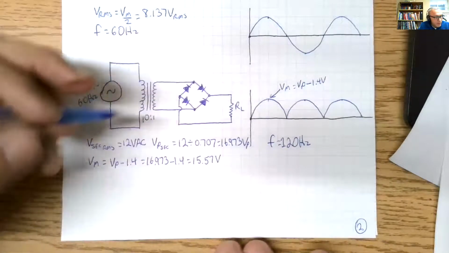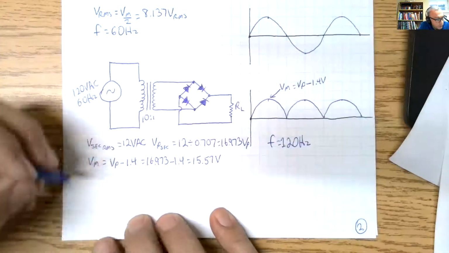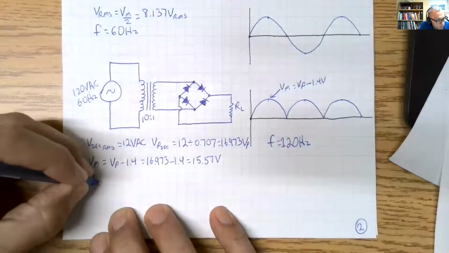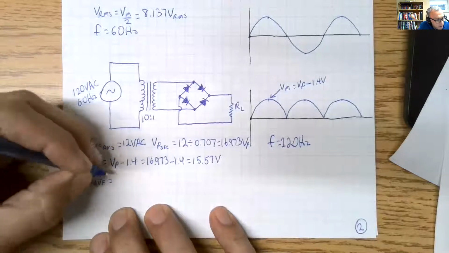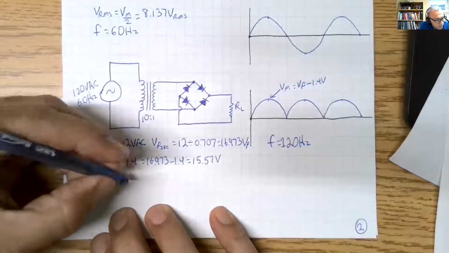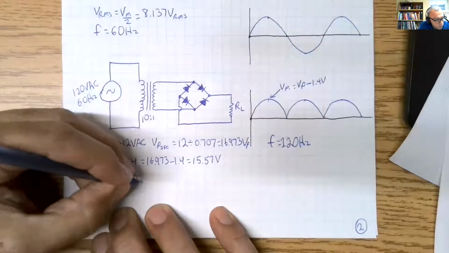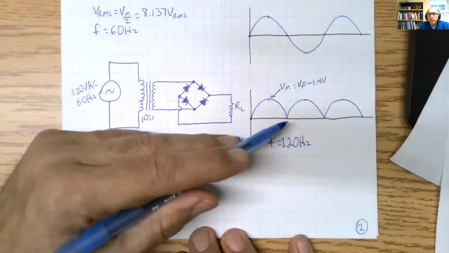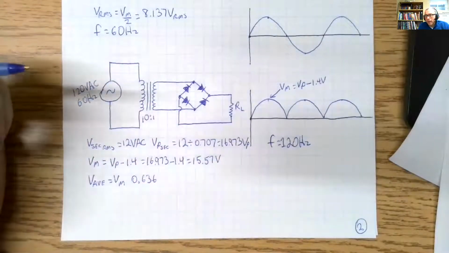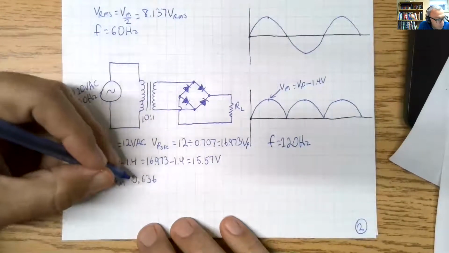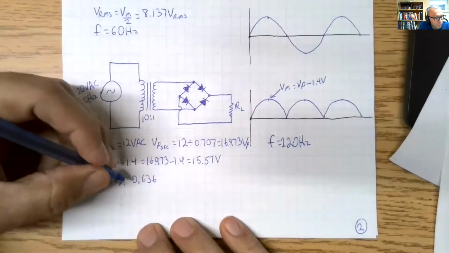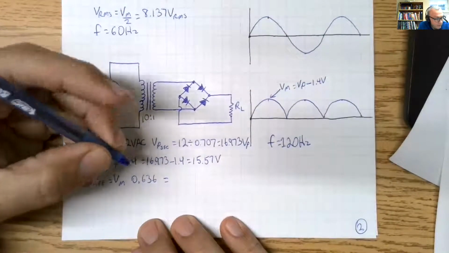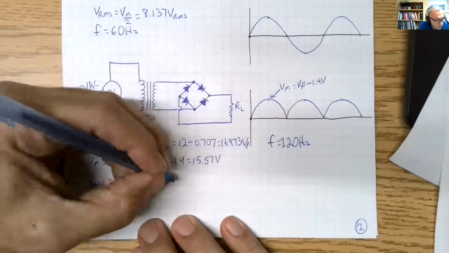Okay? The average, or the DC value of this, so you'll see the immediate benefit of going to a full wave rectified signal, is V max times 0.636. Because it has double the average space as a half-wave rectified signal, we multiply times 0.636. And that gives us, in this case, 9.04 volts.